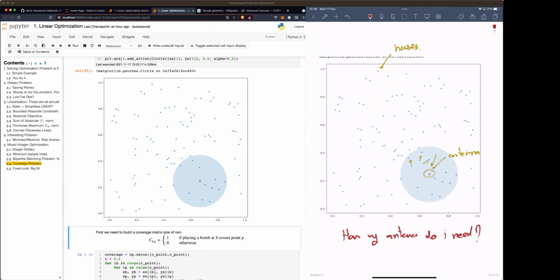You want the circles to encompass everyone, but you want the minimum number of circles because each circle costs you tons of money. Okay, so the constraint is to cover everyone. That's it. You just want to make sure that you cover everyone.